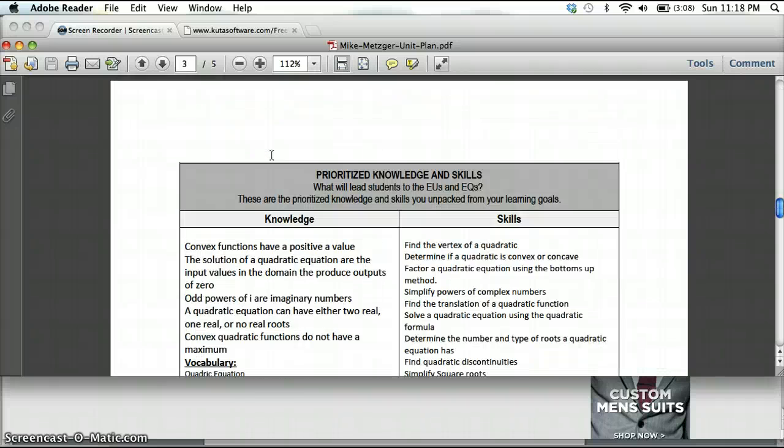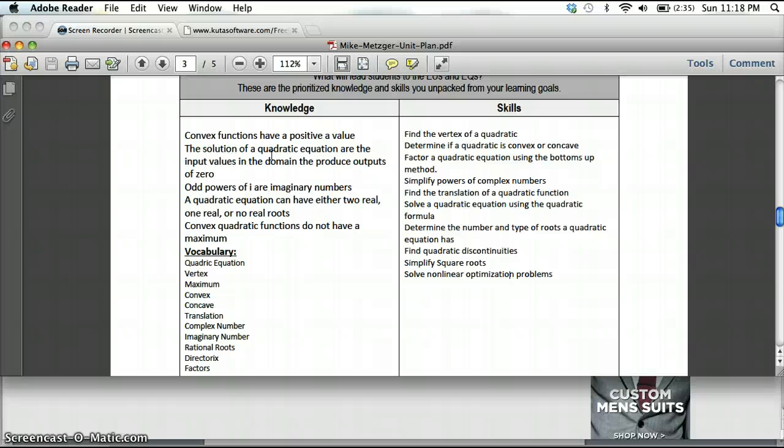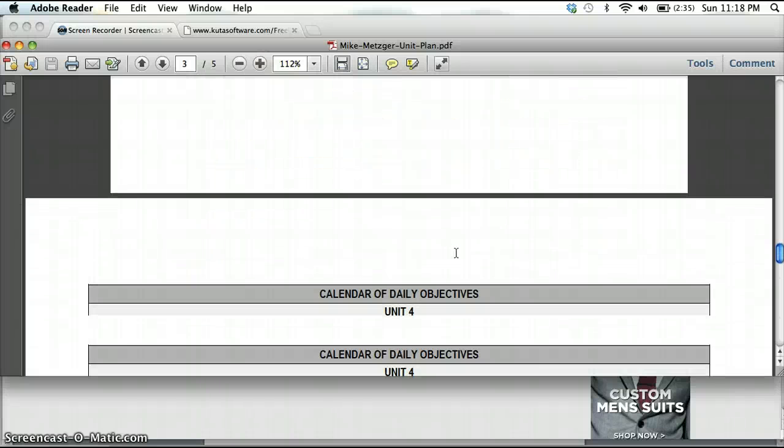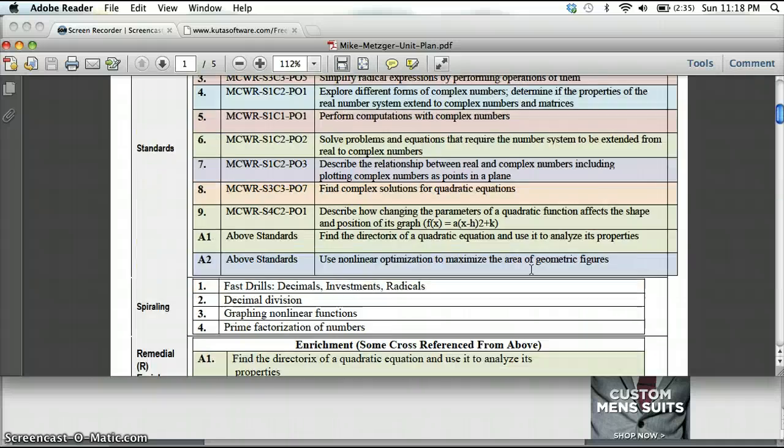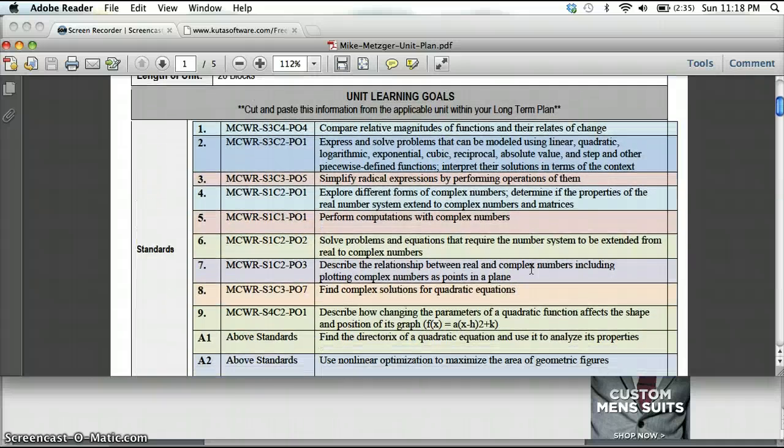Step 4 then is breaking apart the quadratic equation into knowledge and skills. And last, he's then going to actually map out the daily objectives into his whole unit. So he's going to take all of his unit goals and he's going to break them apart into days.